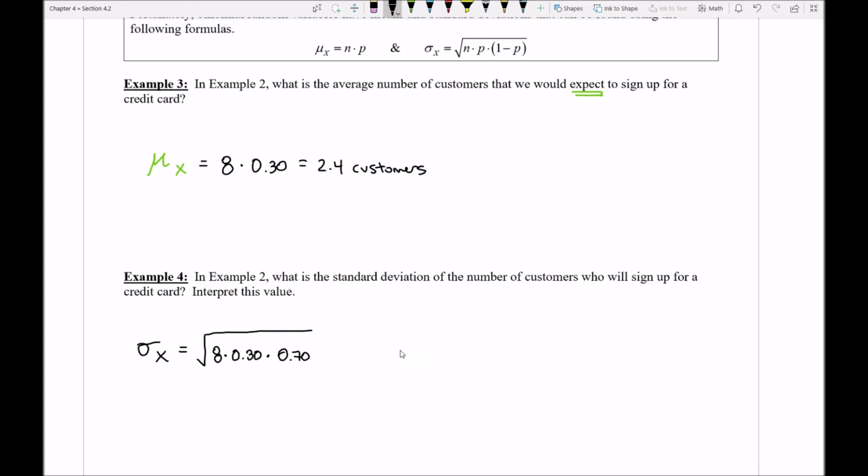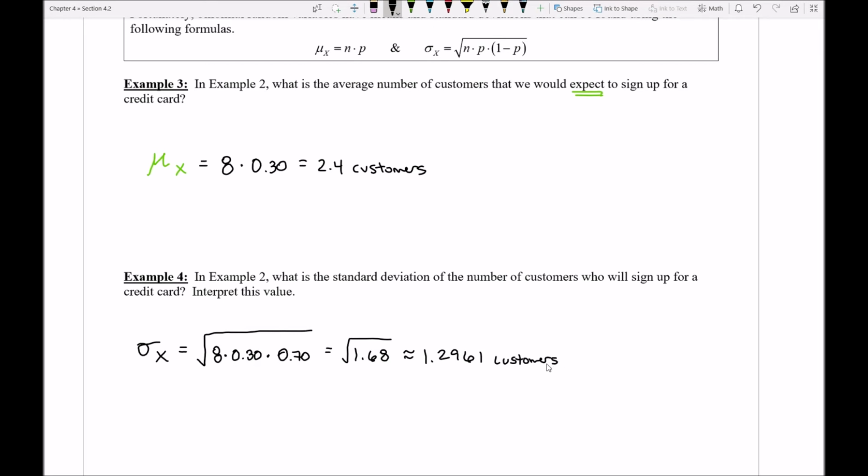If I was to type all of this in the calculator, I think what I would end up with here is the square root of 1.68, which, when rounded off to 4 places, is 1.2961. And again, the units here are customers.